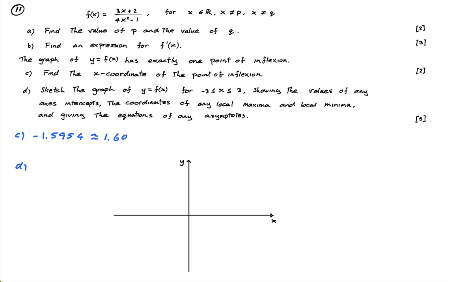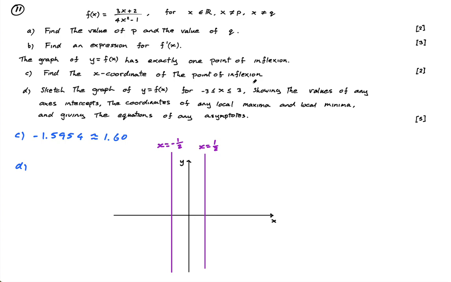I got that from the previous question, so I'm going to just draw these lines. This is x equals a half, and then similarly over here. Well, that's too far left. Let's go here. This is x equals -1/2. And you write in the equations, guys, on the graph.